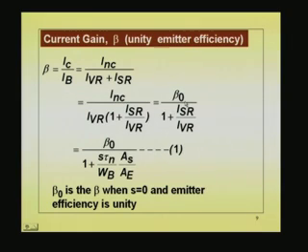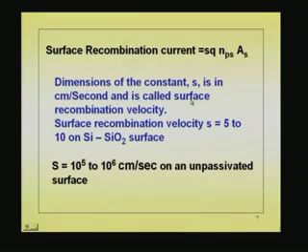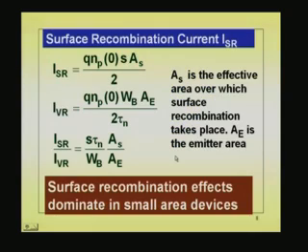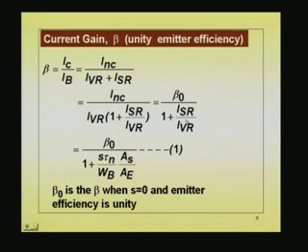So, beta naught is a beta when surface effects are negligible plus emitter efficiency is unity, and we just calculated that as, if you look back, 2 into 10 to the power of 5 for this example. So, you get beta is beta naught divided by this quantity.